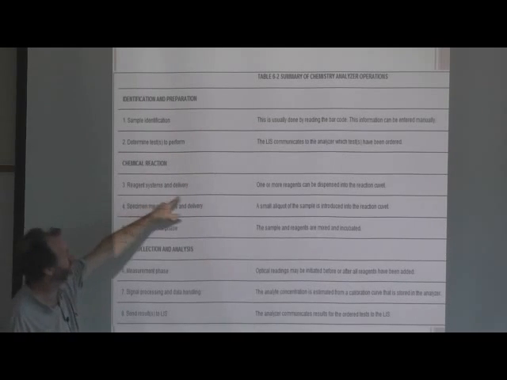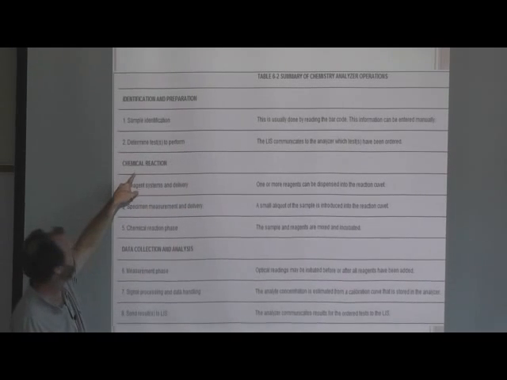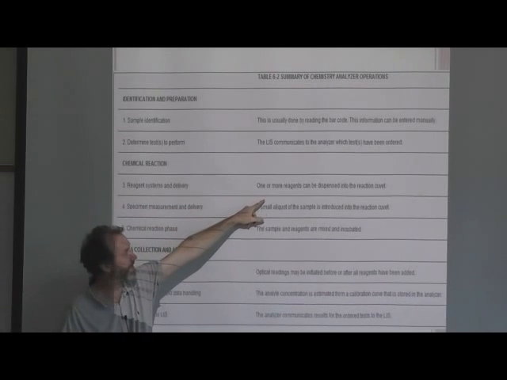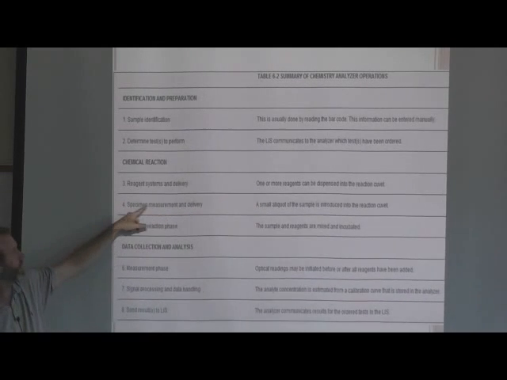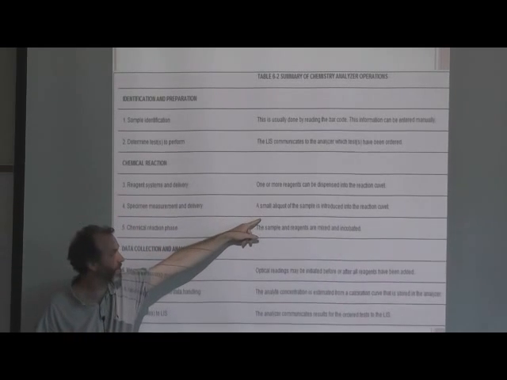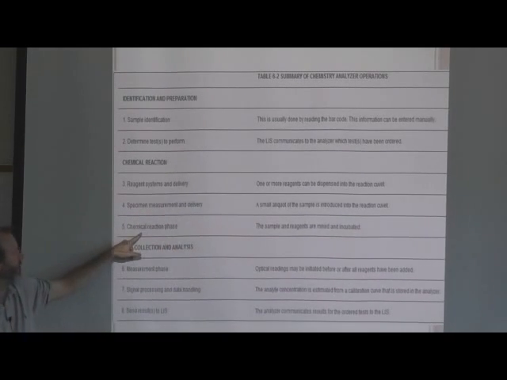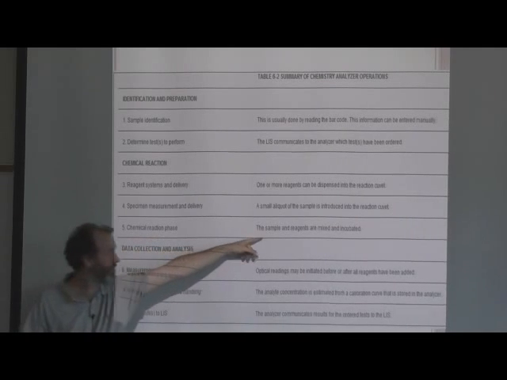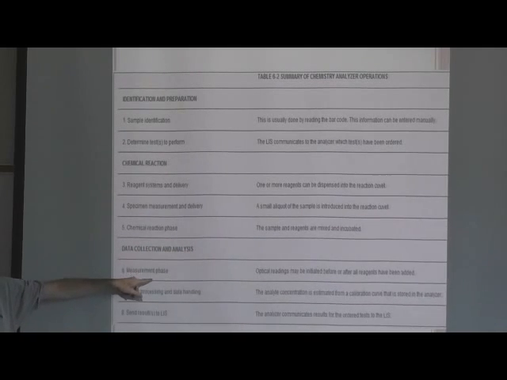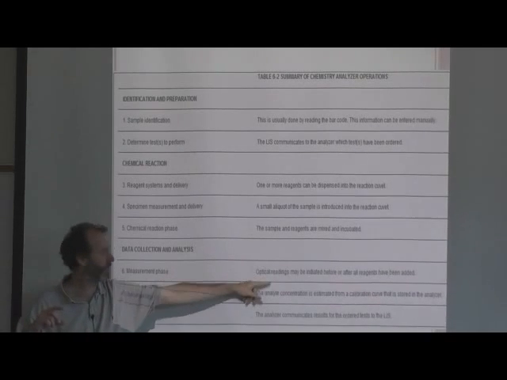And then a chemical reaction is going to occur. The reagent systems and delivery: one or more reagents can be dispensed into the reaction cuvette. Specimen measurement and delivery: a small aliquot of the sample is introduced to the reaction cuvette, and the chemical reaction occurs when it's mixed and incubated. Then the measurement is done with optical readings typically.